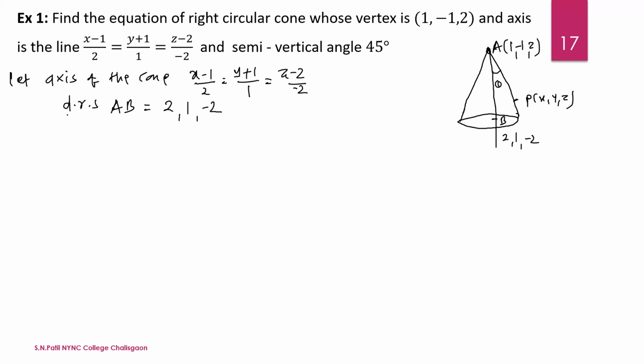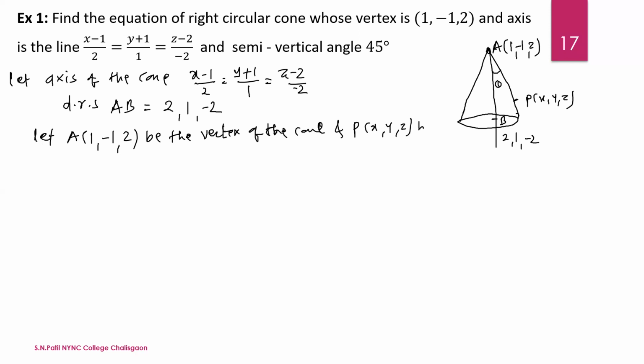Next, we take A as the vertex. Let A(1, -1, 2) be the vertex of the cone, and P be any point on the surface of the cone.